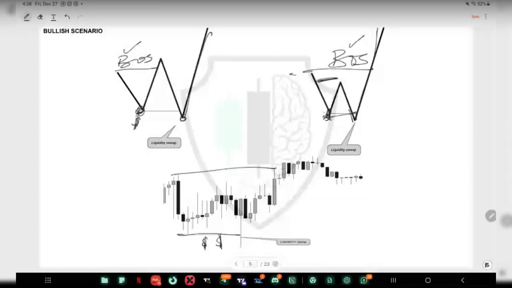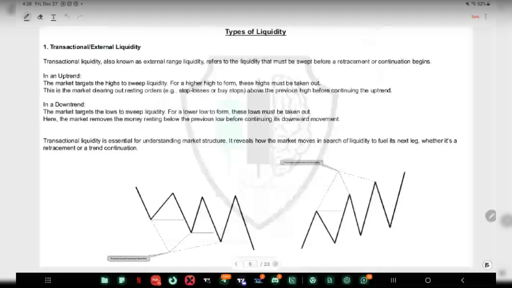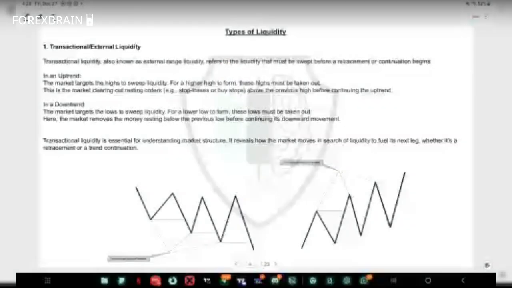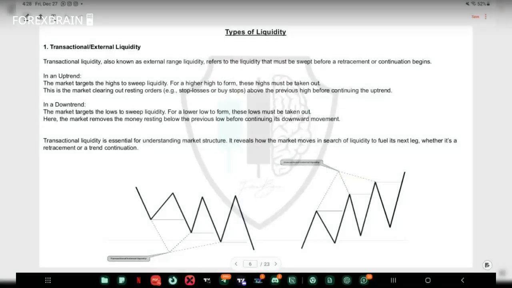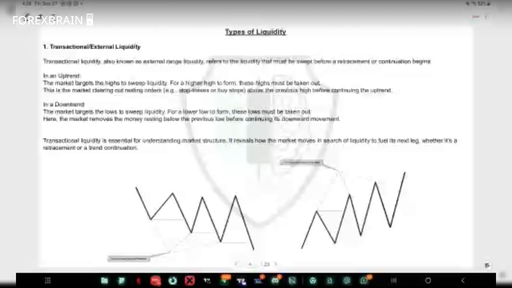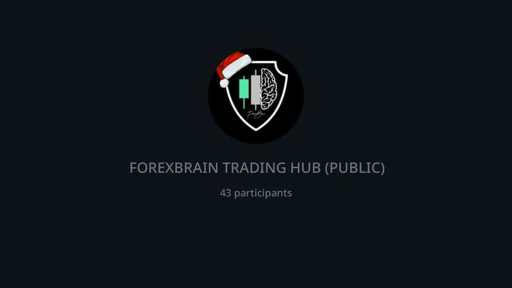So we have different types of liquidity, but we want to be paying attention to just two. So we have what we call the transactional, and some others call it external liquidity. Do you understand? Some even go as far as calling it target liquidity. Do you get?